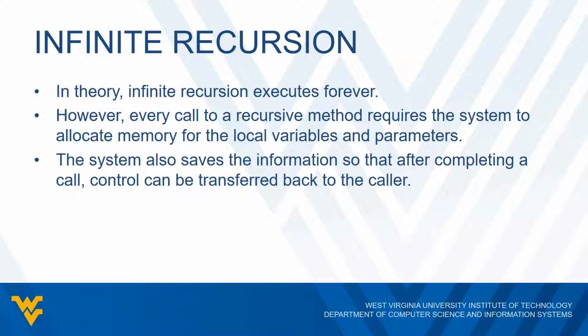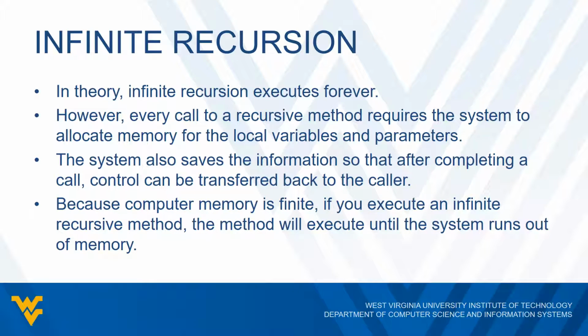So the issue here is we're always allocating memory to save information about a method call. And because our computer memory is finite, if we execute an infinite recursive method, well, we're going to keep calling methods forever. So what's going to happen here is we're going to keep allocating more memory, and we never finish any of the method calls. So since we have a finite amount of memory, we're eventually going to run out of memory.